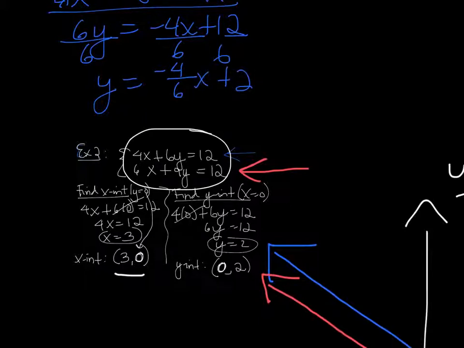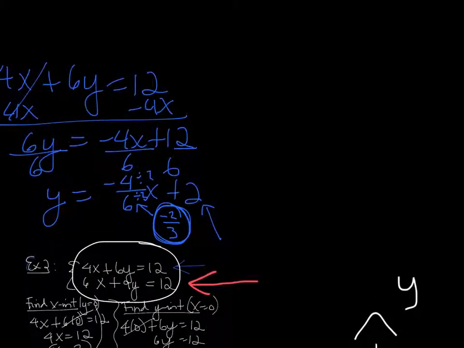Or if you reduce 4/6, you divide by 2, and that's the same thing as negative 2/3. My slope is negative 2/3, and then there's my y-intercept.